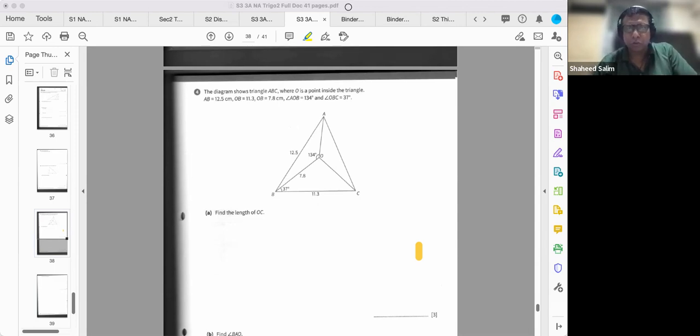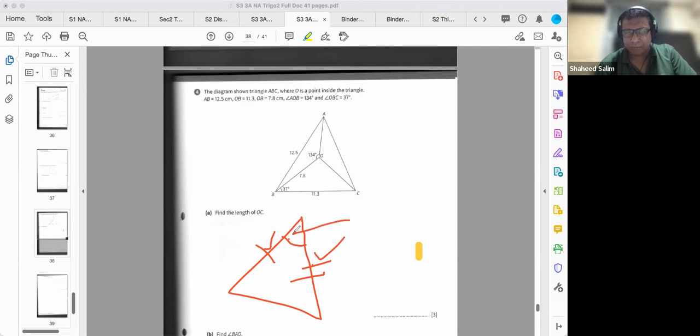Remember, it's the same as the cosine rule. Half AB sine C. Remember, that's the formula. You need to find the sandwich angle between two sides that you know.